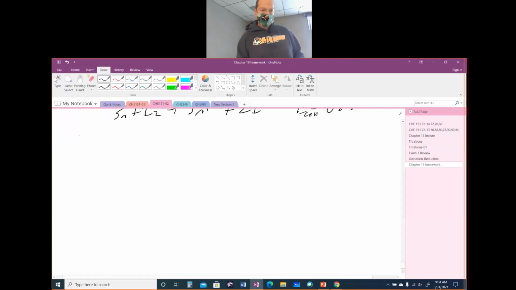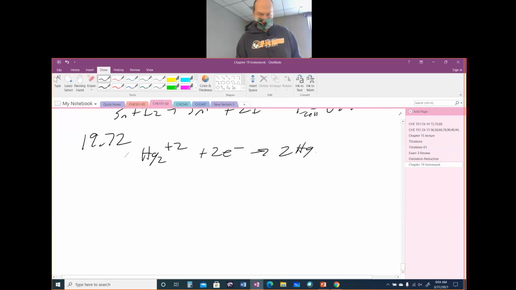Let's do 1972. What is the standard cell potential you would obtain from a cell at 25 degrees using the electrode in which Hg2 plus 2 is in contact with mercury metal? So Hg2 plus 2 plus 2 electrons goes to 2Hg.